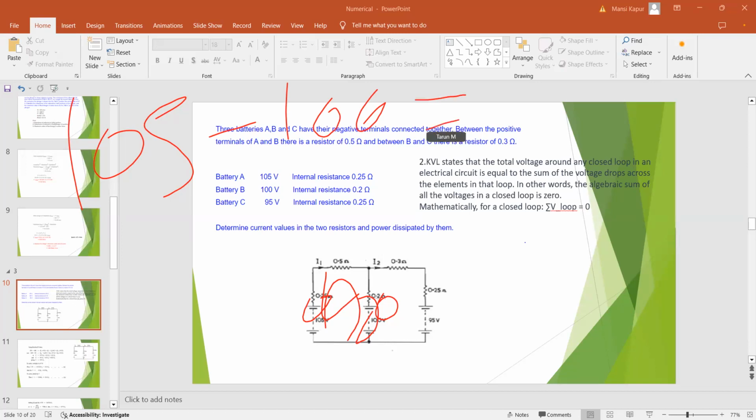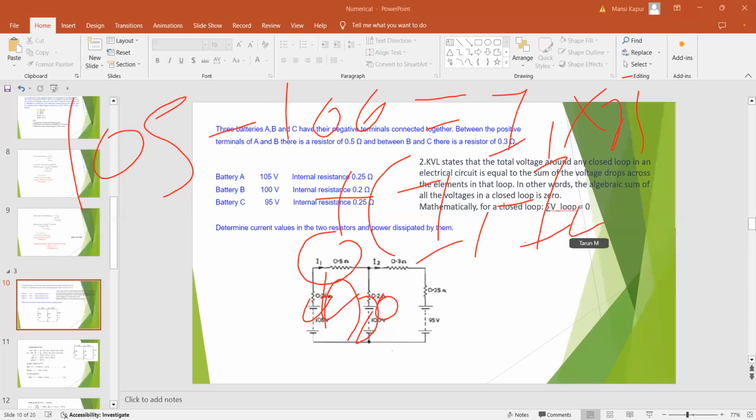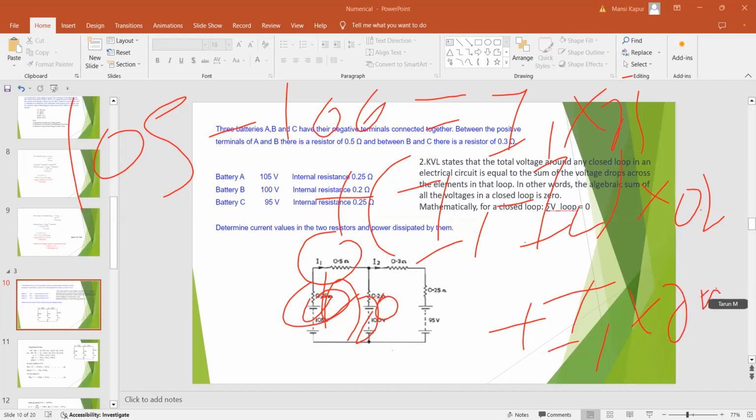This will be equal to all the voltage drops in the circuit: I1 into 0.5 plus (I1 minus I2) into 0.2, plus I1 into 0.25. Correct?